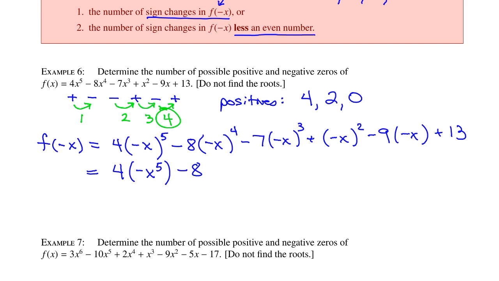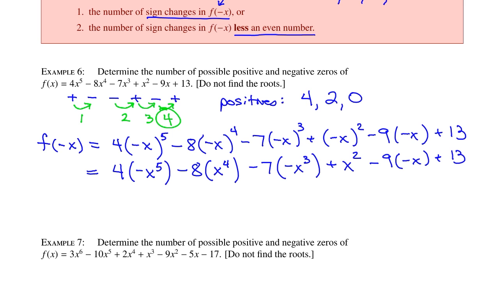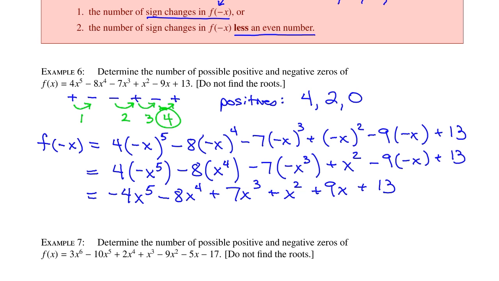However, if we take negative x to an even power, we lose the negative. And so I'll continue doing that all the way through. This is going to be a negative x cubed plus positive x squared. This one stays the same. And the 13 has nothing there. And now we just simplify everything the best we can. So this has become negative 4x to the 5th minus 8x to the 4th plus 7x cubed plus x squared plus 9x plus 13.